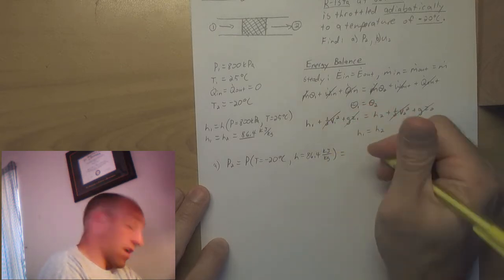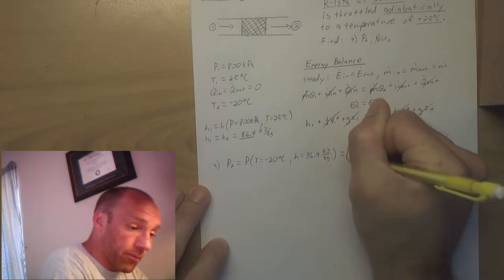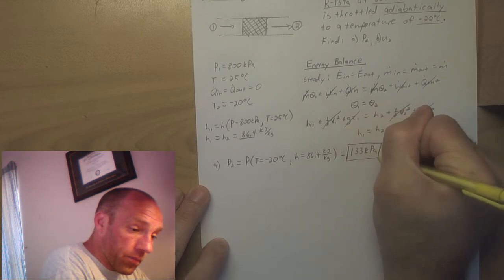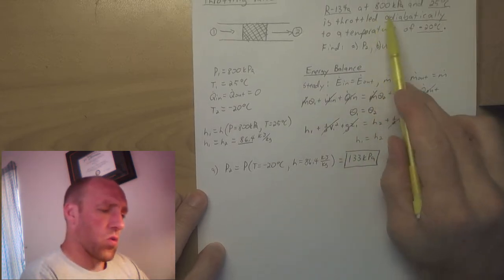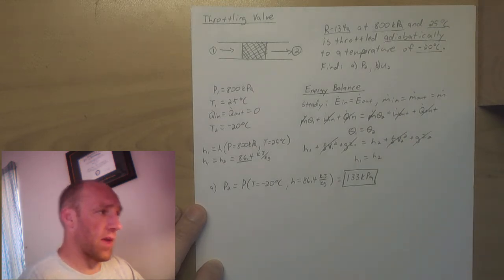So my pressure at state 2 comes out to 133 kPa. The pressure dropped from 800 kPa down to 133 kPa.